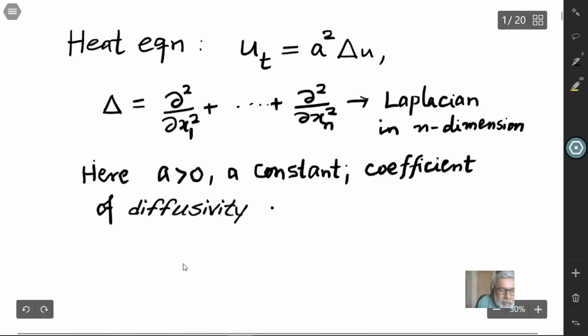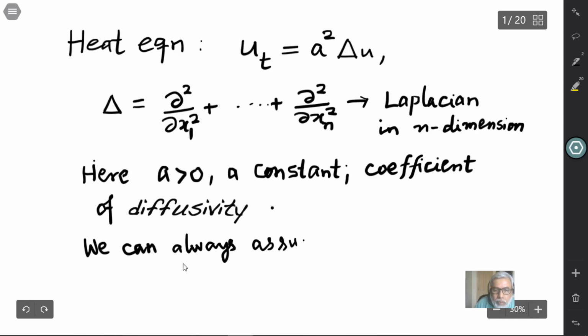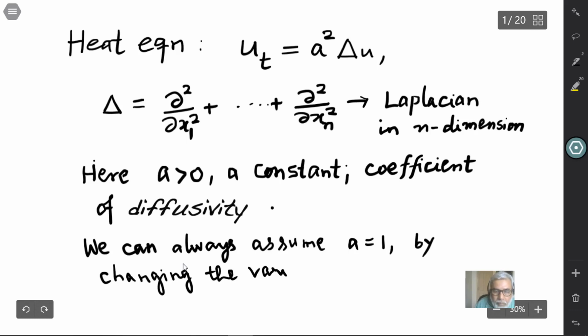As far as mathematics is concerned, we can always assume a equal to 1 by changing the variable t to tau, which is a square times t.